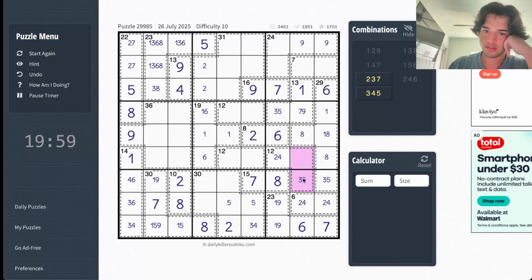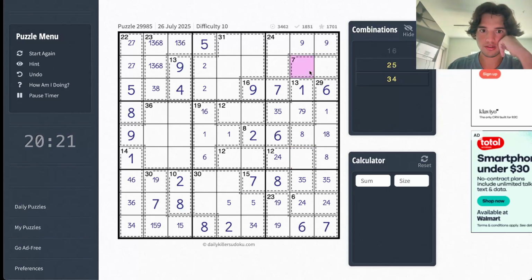I think we can deduce this digit by the same logic here. So if this were to be 4 and 3, then you'd end up with a 3 and a 4. No, that doesn't help. Okay. I mean, maybe, but I don't really feel like thinking it through right now.